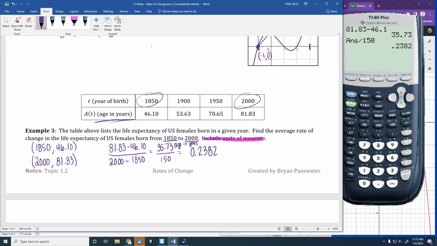So over this 150 years, the age in years, the life expectancy, increased 35.73. That's age in years. What was the X coordinate measured in? Year of birth.